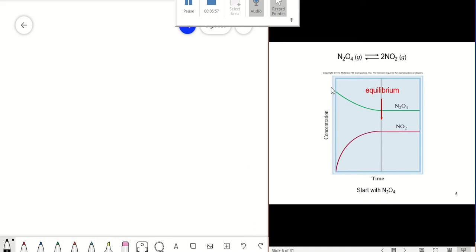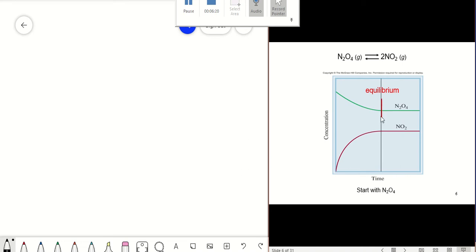As time passes, the concentration of N2O4 is decreasing and the concentration of NO2 is increasing, because it is the product, and more and more of it is being produced. At some point, after a certain amount of time, the concentration of the reactant N2O4 becomes constant, and the same thing happens with the concentration of our product, NO2.